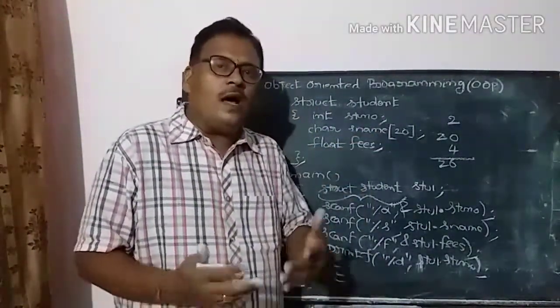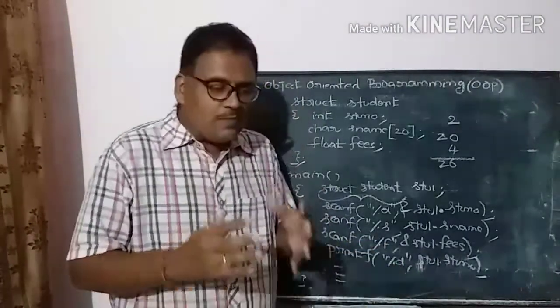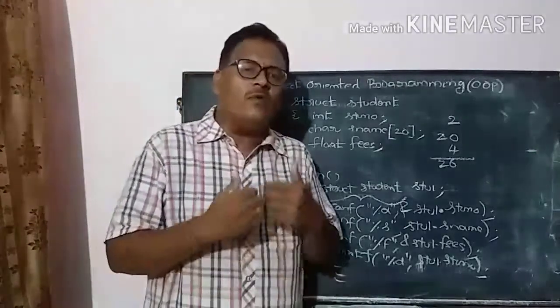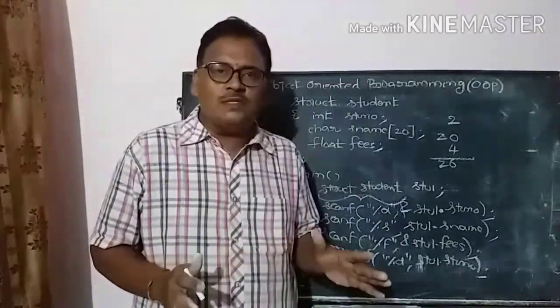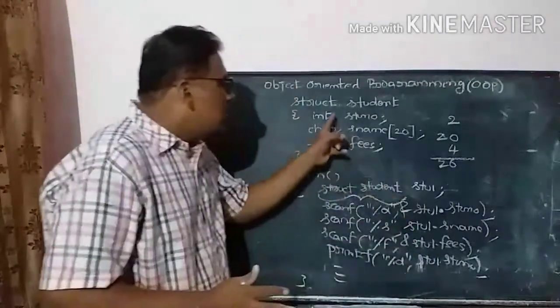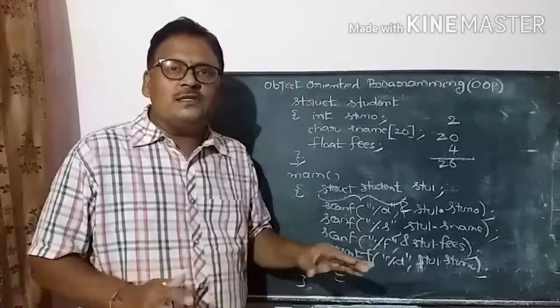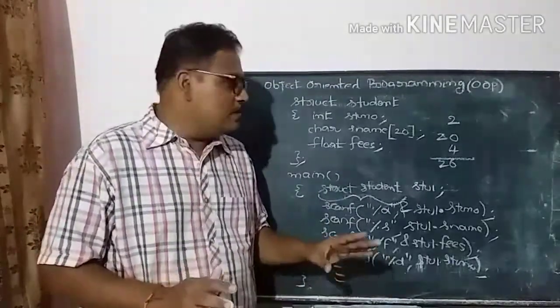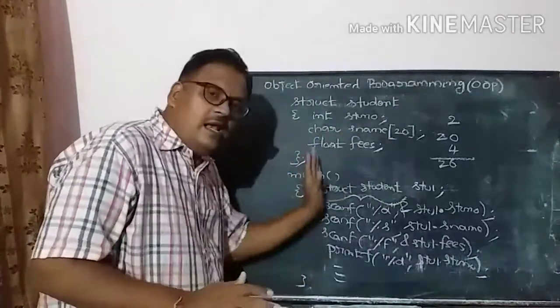In the previous concept I explained about POP. In procedure oriented programming, data can be moved freely around the functions, with no restrictions or rules. Like this, structure data items can be used by any function. There are no restrictions or rules. So structure variables, structure data items can be used in any function.